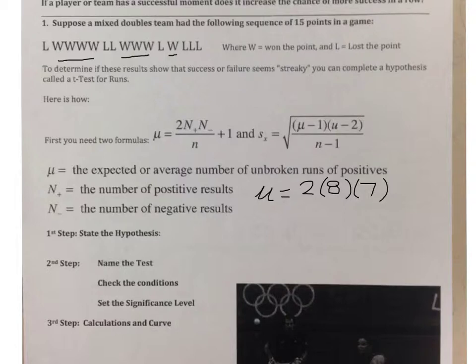So I'm just putting those numbers into the formula, divided by n, and n in this case is the total number of points, which is 15, plus 1. So you use that formula to figure out what the average number of streaks, of positive streaks, should be.